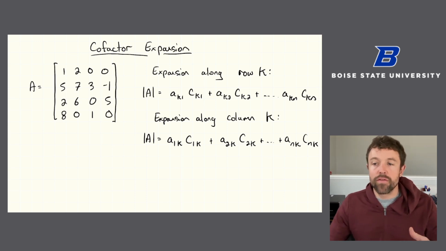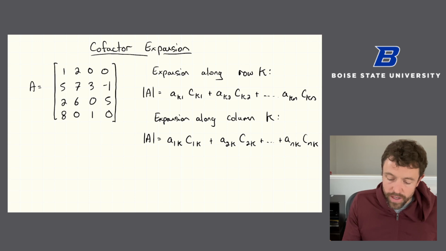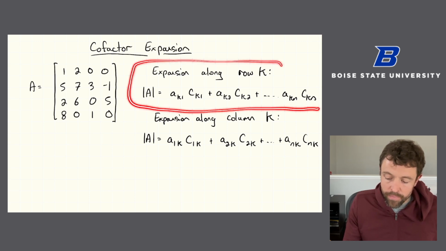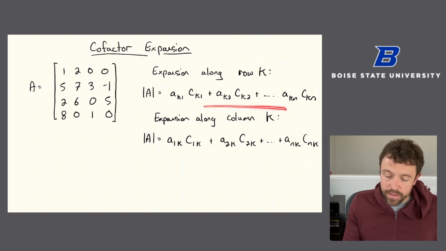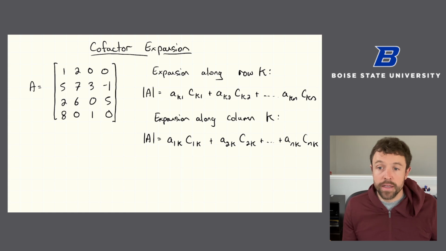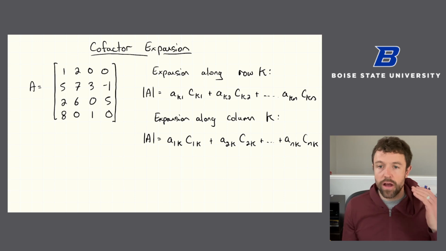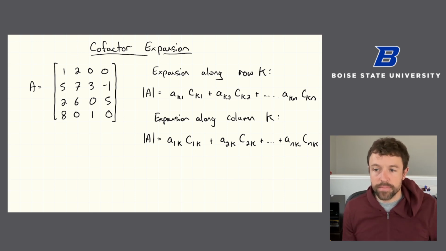I'll only work through the full calculation for one of them, and hopefully you'll understand what they mean. So here's the formula for cofactor expansion along a row, and here's the formula for cofactor expansion along a column. And it's saying that we can figure out the determinant of this matrix in terms of its cofactors and the corresponding entries along a fixed row or a fixed column.